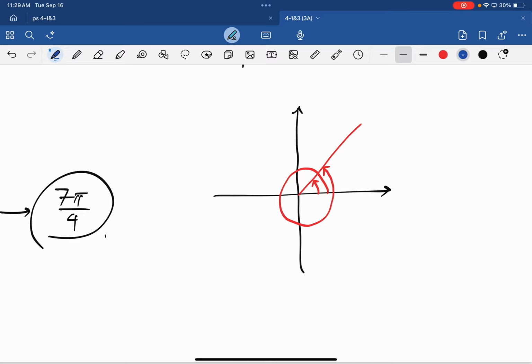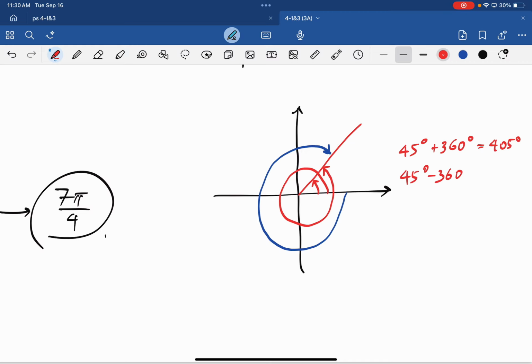This is also a coterminal angle. Negative 315 degrees is also coterminal. And so in order to find coterminal angles, all you do is add 360, or you subtract 360.